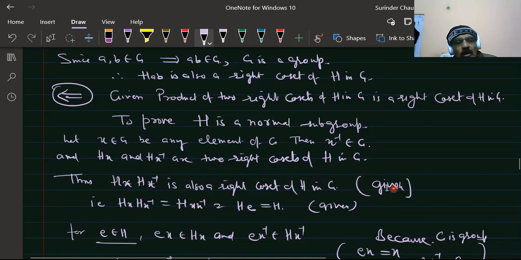That is, Hx into Hx inverse is equal to H, given.